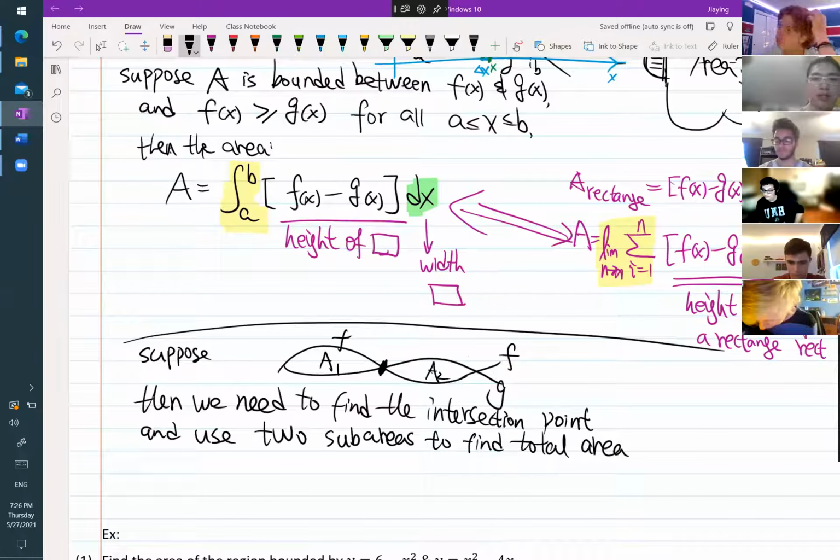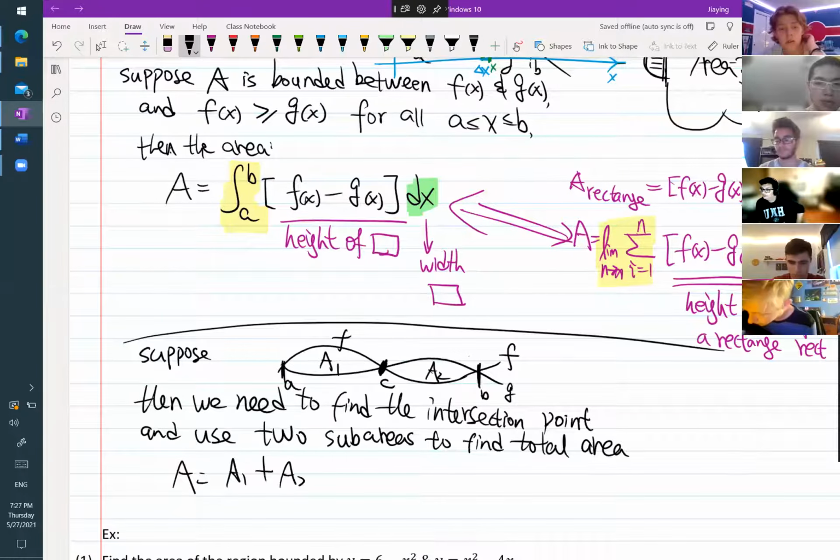So we're going to find the first area. The total area here, let's call this a, this b, and let's call the middle point c. So we focus on the area A1. A will be equal to A1 plus A2, which is the integral from a to c of f minus g dx.